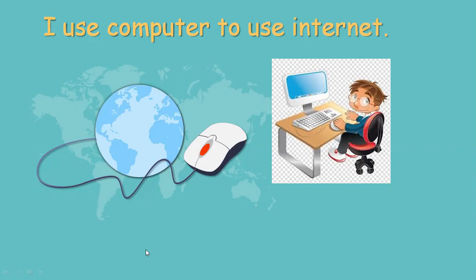If you use computer for entertainment, like watching cartoons, playing games, talking to people, all these things you can do in the home, but not in the school. Okay, boys, I hope you liked the lecture and understood what I taught you today.